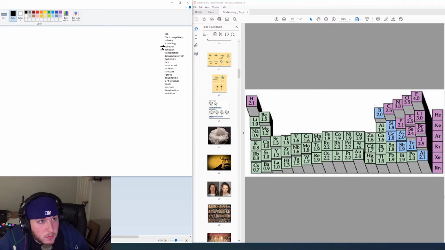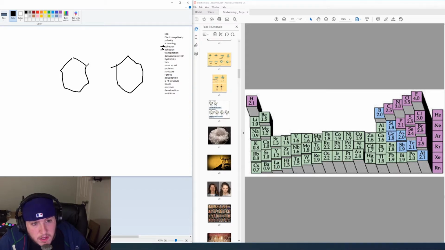Let's talk about some other molecules. So let's say I've got two ring structures here. Okay. Now this one, let's say has a hydrogen coming off of it.